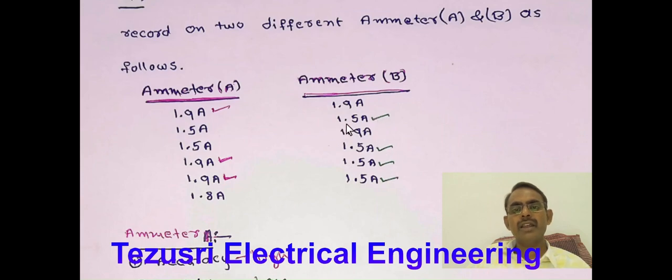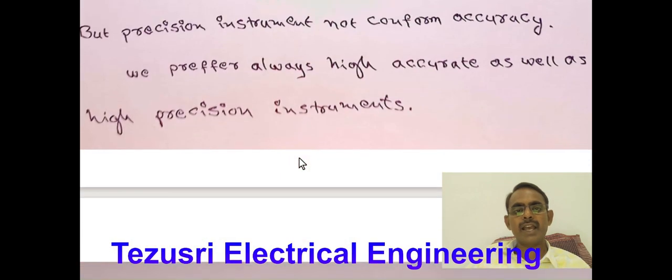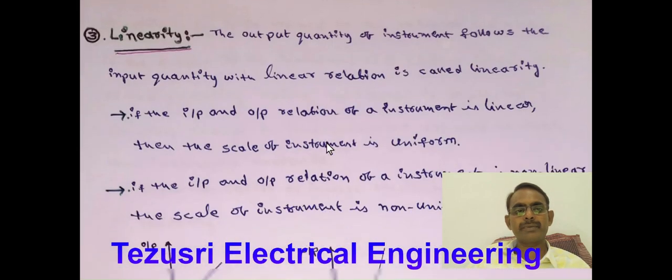Sometimes due to a defect in the ammeter, we get the same values again, but they are not near the true value. Therefore we say that precision instruments do not confirm accuracy. We always prefer instruments that are both highly accurate and highly precise.